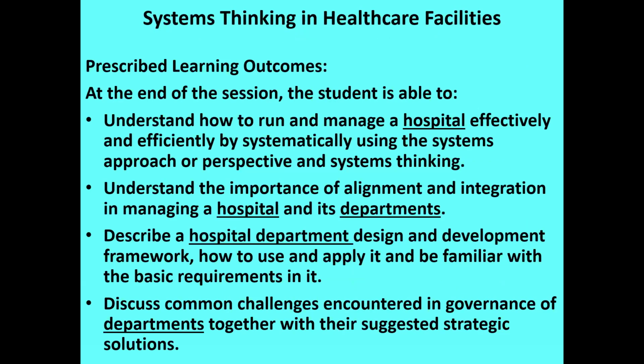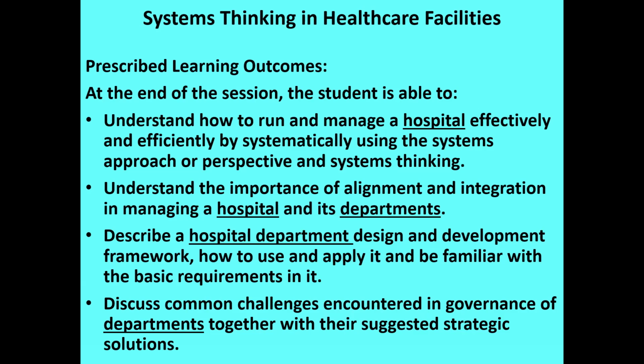The prescribed learning outcomes will be the following. At the end of the session, the student is able to understand how to run and manage a hospital effectively and efficiently by systematically using the system approach or perspective and system thinking. Understand the importance of alignment and integration in managing a hospital and its departments.